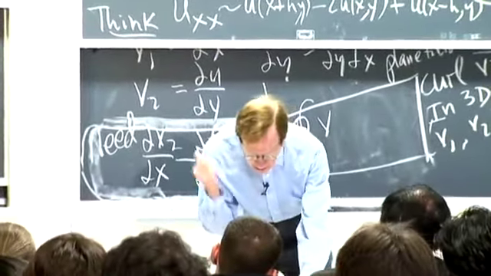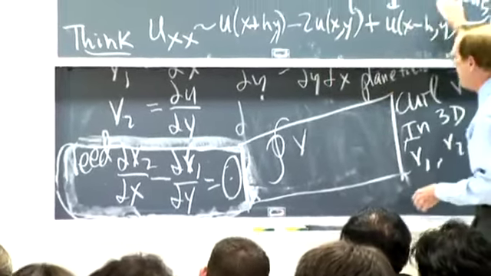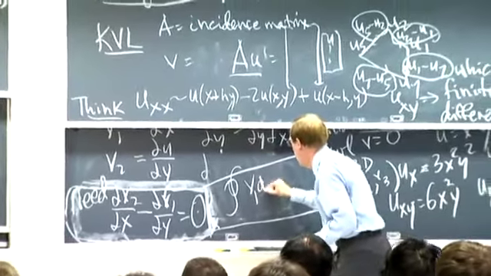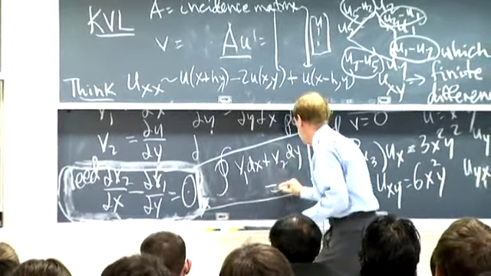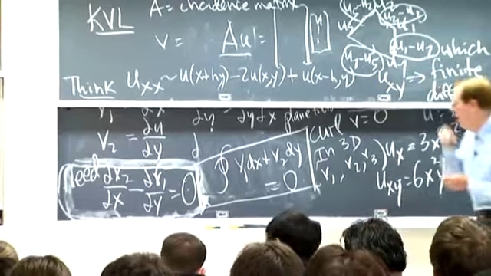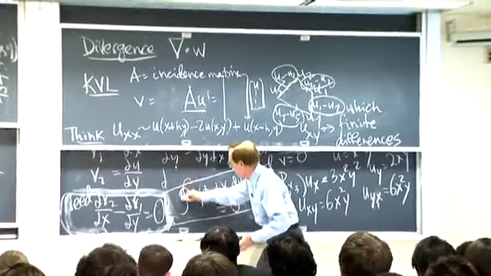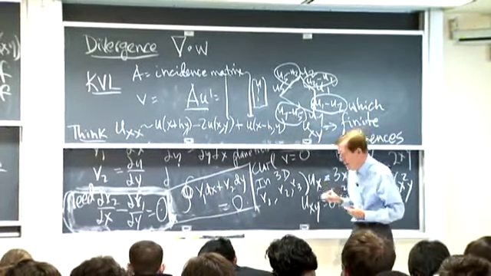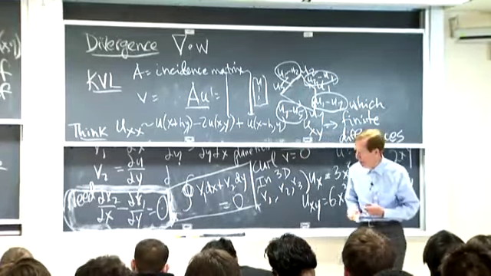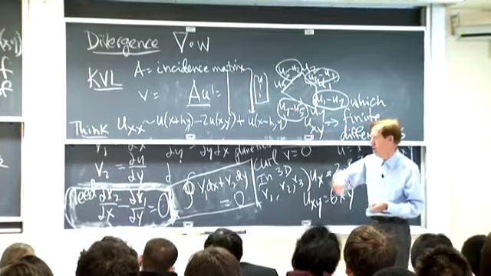Now my integral guy is going to be the circulation. Oh yeah, because I'm following the path. So it's just V1 dx plus V2 dy should be 0. Around every closed loop, that's the idea of this thing, that the integral goes around a closed loop. If I follow the velocity field, the total circulation is 0.